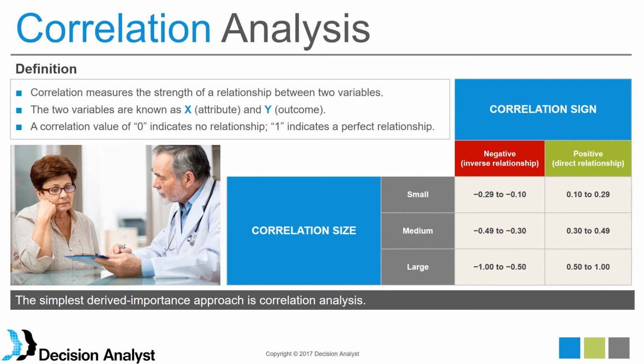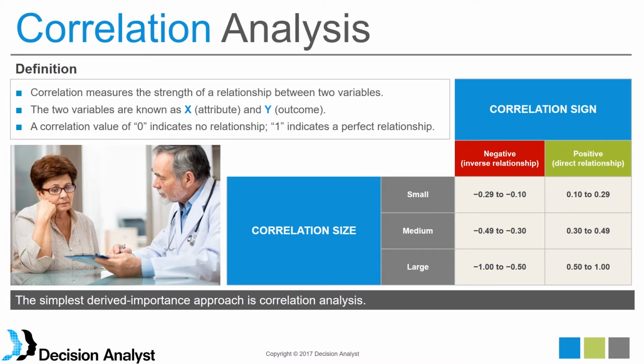And this is based on attempting to relate statistically one variable to another, in particular an attribute to an outcome. This analysis is known as a bivariate analysis, so we have two variables rather than 3 or 4 or 5. So we're only relating one attribute to the outcome, and we repeat the process until we calculate correlations for all of the attributes.